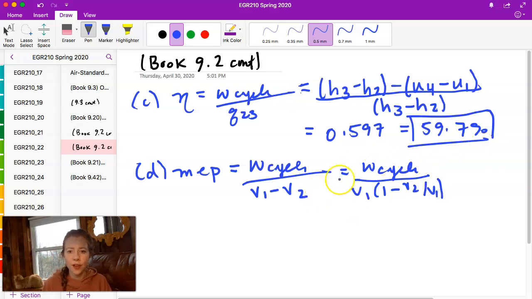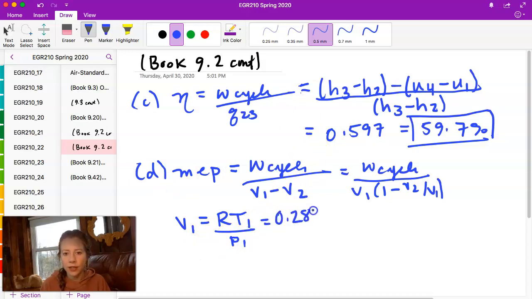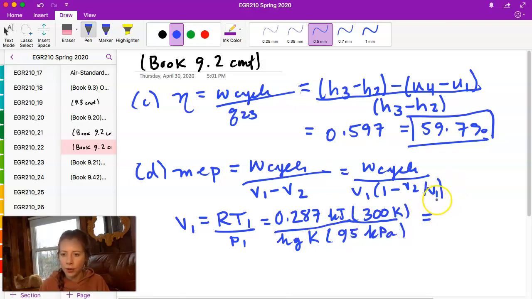And so we need to find V1, and we can find V1 using the ideal gas law, which is going to be RT1 over P1. And so it's going to be 0.287 kilojoules per kilogram Kelvin times T1, which is 300 Kelvin, divided by P1, which was 95 kilopascals. And so V1 is going to be 0.9063 meters cubed per kilogram.